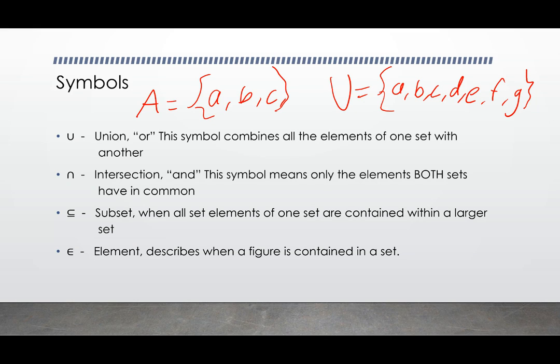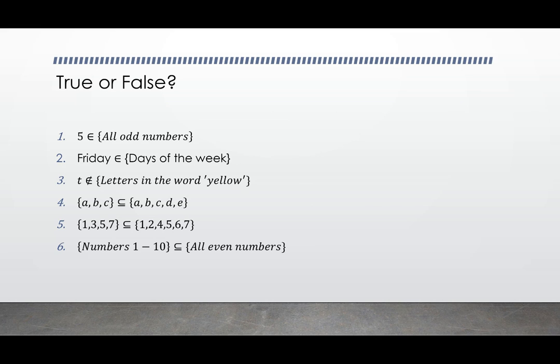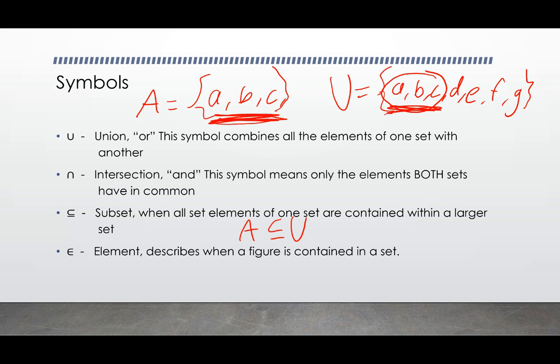I can say that A is a subset of U because all the elements that are in A are also in U. A subset means a set within a set. So the set A is inside this set U. Another subset of U, you can really make any combination of these.